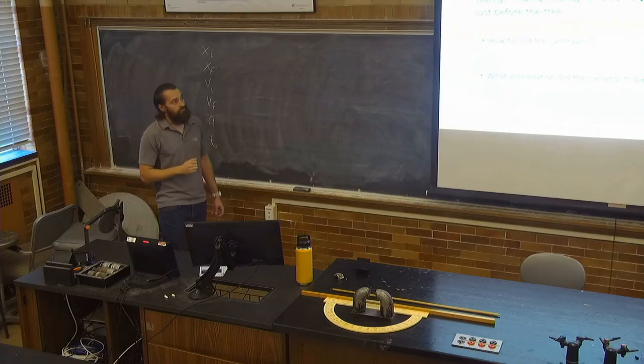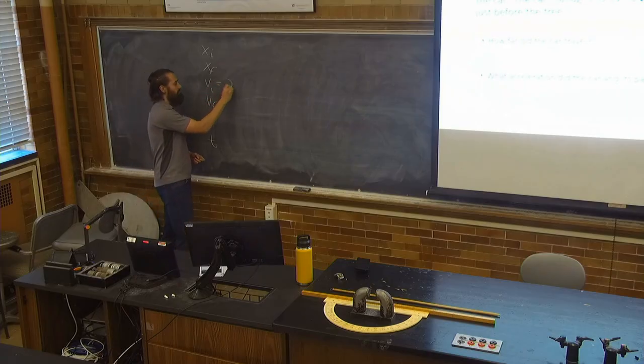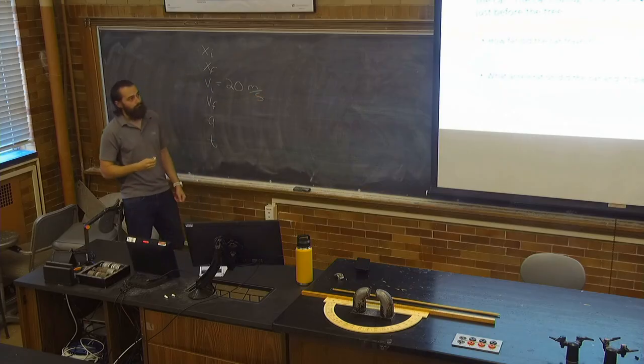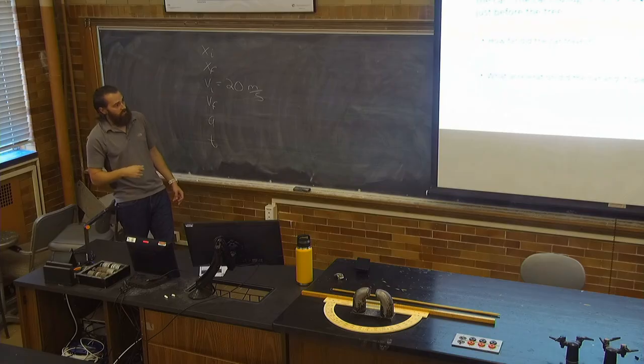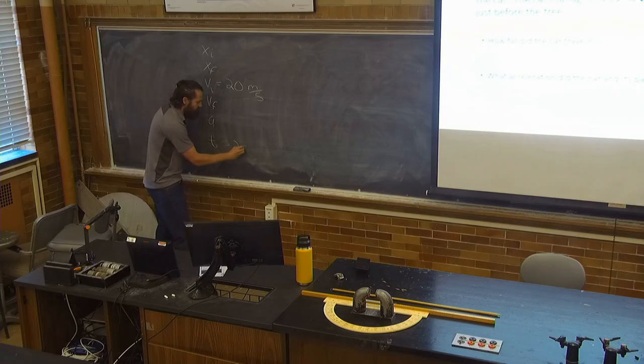The car is traveling 20 meters per second, so that's its initial velocity. The car manages to come to a complete stop in 2.5 seconds, so the time they give us is 2.5 seconds.